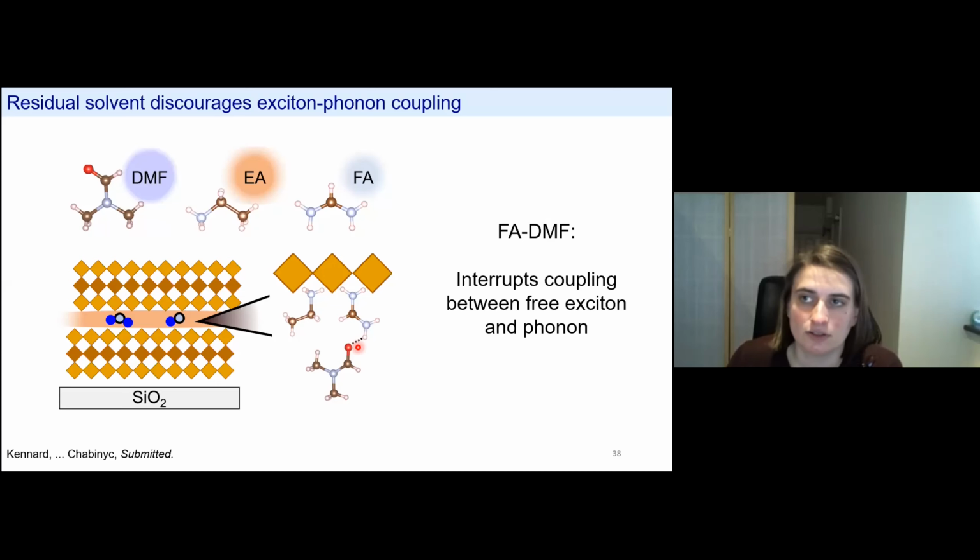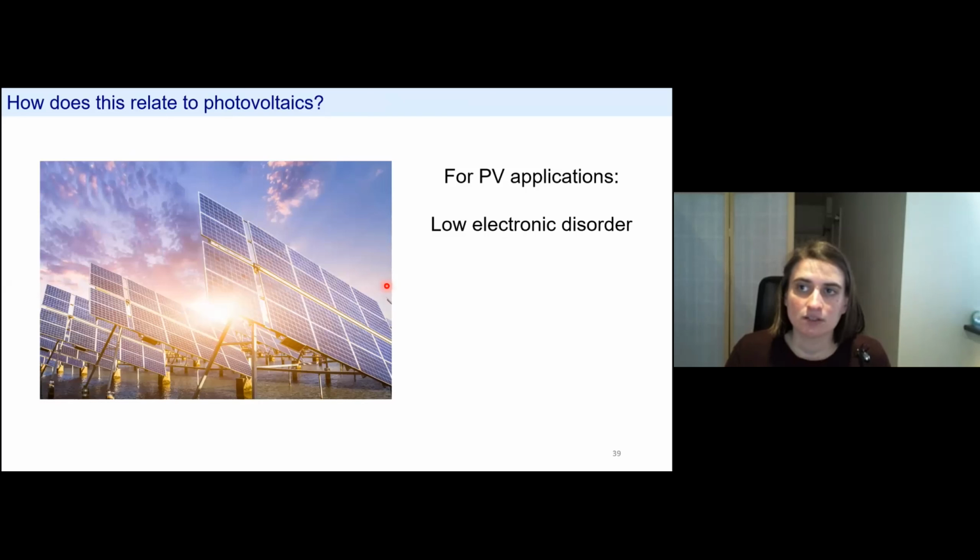This definitely could disrupt the phonon modes that we think are coupling with that lower energy feature. So this is really interesting for trying to control the emission color for, say, light-emitting devices. But how is this relevant to PV? We see that the film has improved morphology, but does that translate to something that could be useful for photovoltaics?